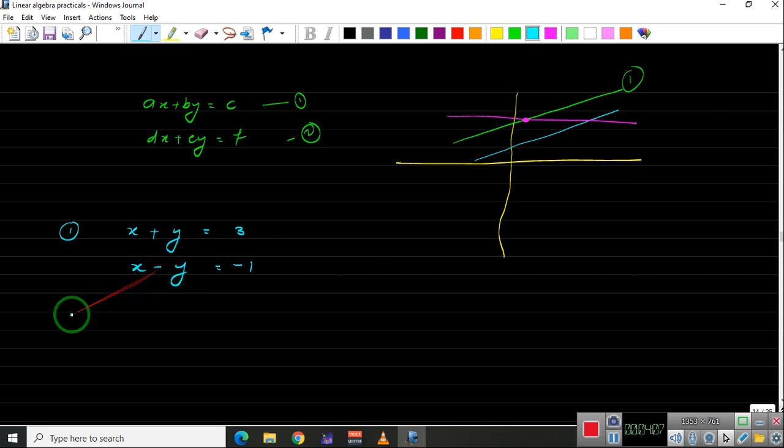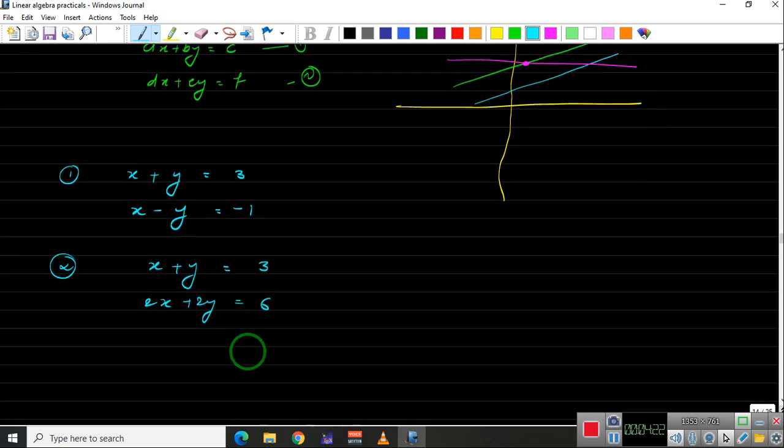For the second system, x plus y equals 3 and 2x plus 2y equals 6. You can again draw these two straight lines in the xy plane. The point where they intersect is your solution, remember.